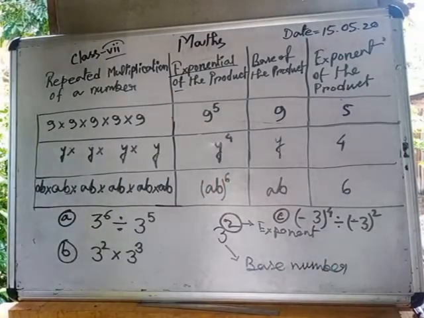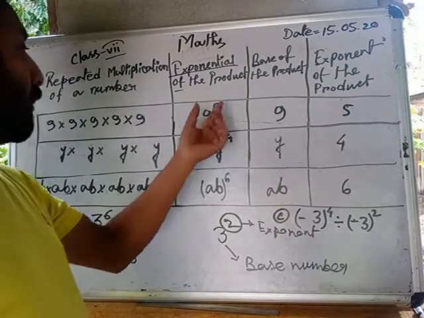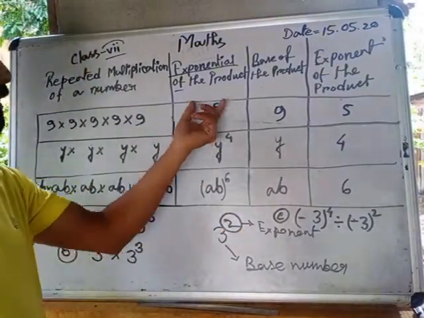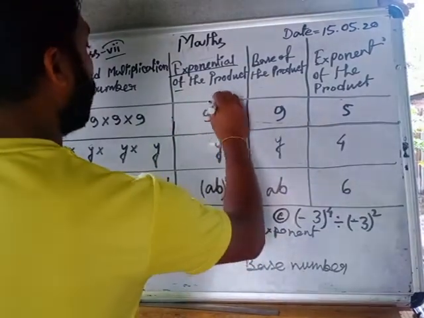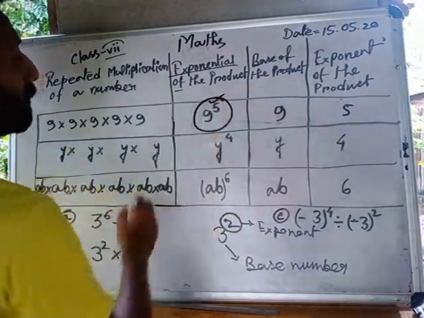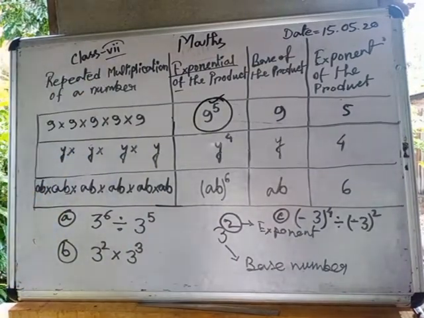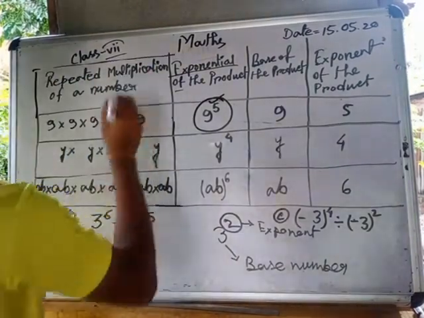Okay, because 2 is the power of this main number or base number, that's why it is called the exponent, and it is called the exponential form of the product.